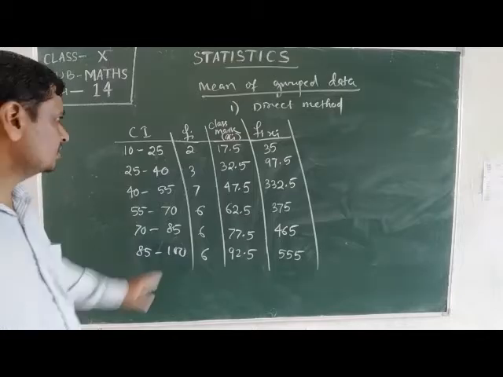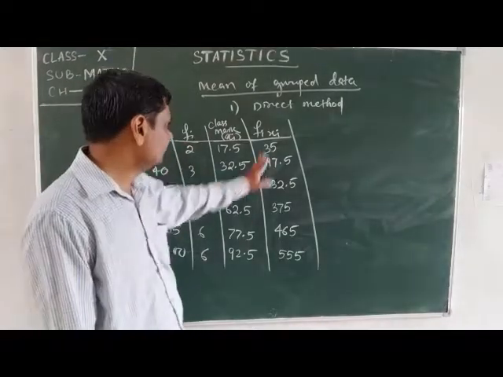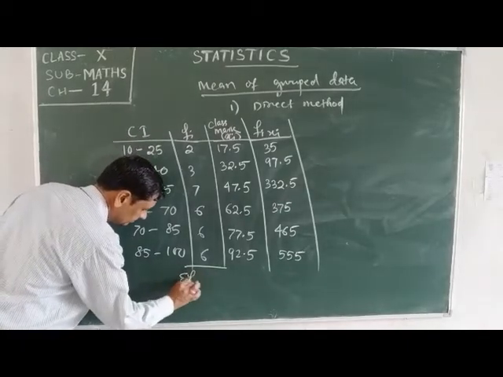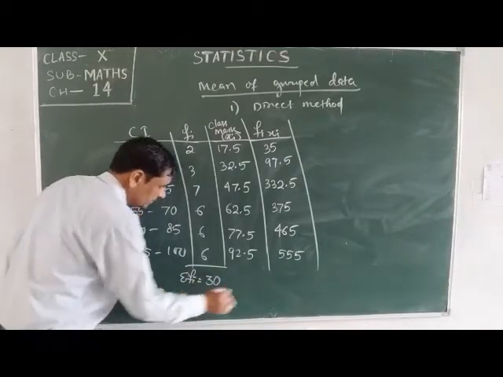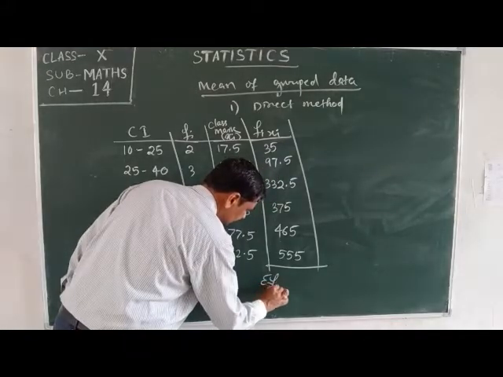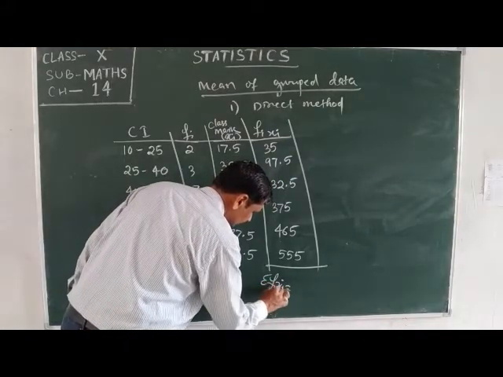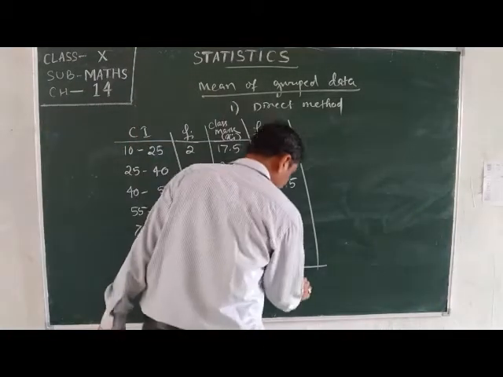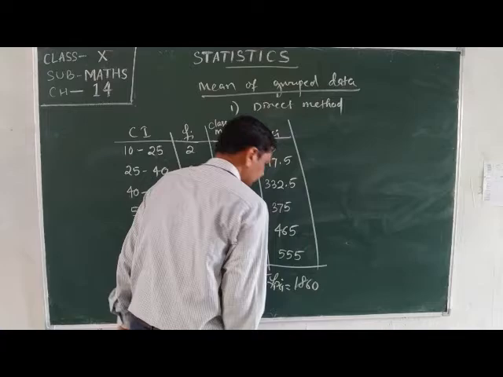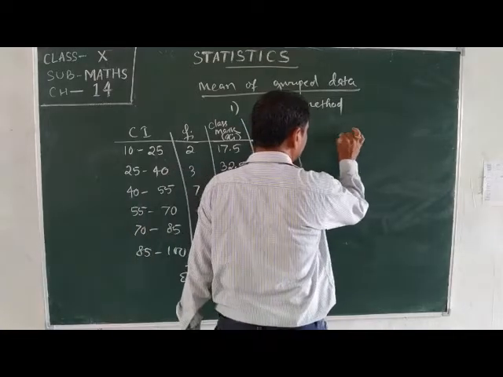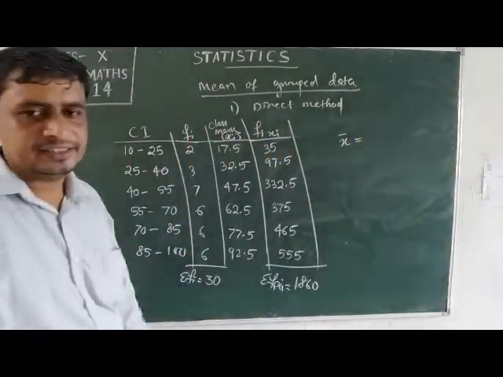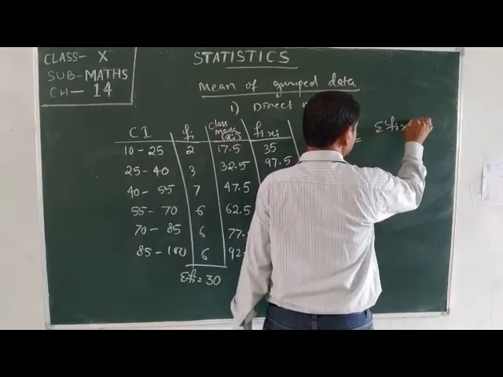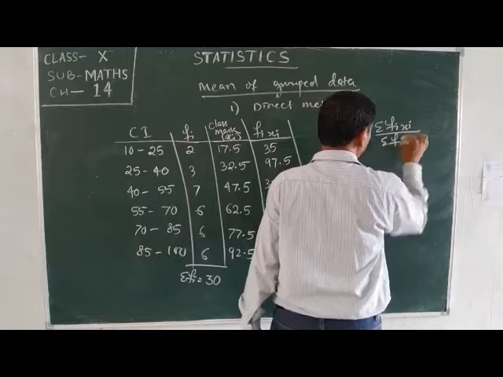Now we will find the sum of fi and the sum of fi xi. The sum of fi is 30 and the sum of fi xi becomes 1860. The mean of the given data is the sum of fi xi by the sum of fi.